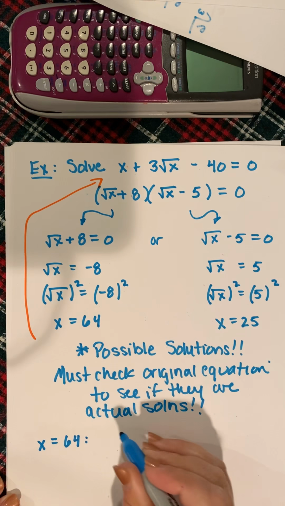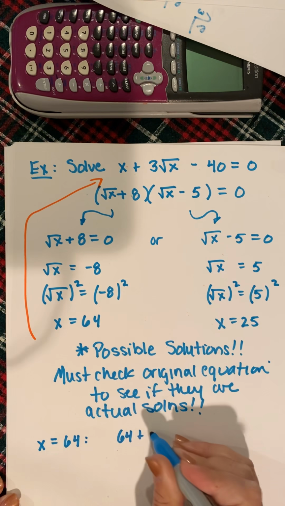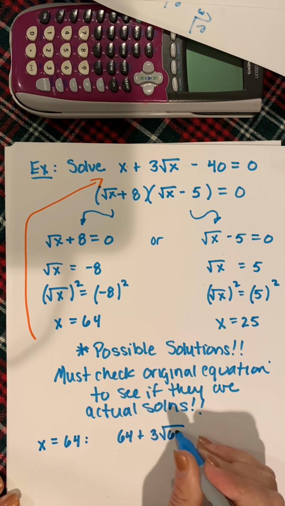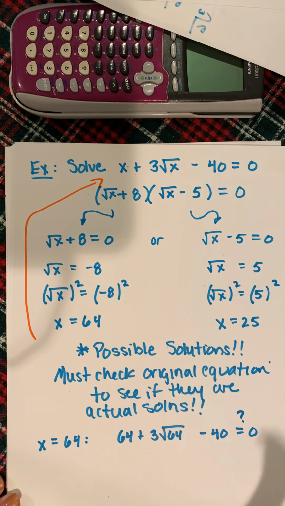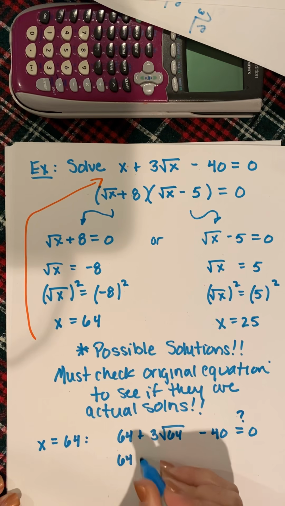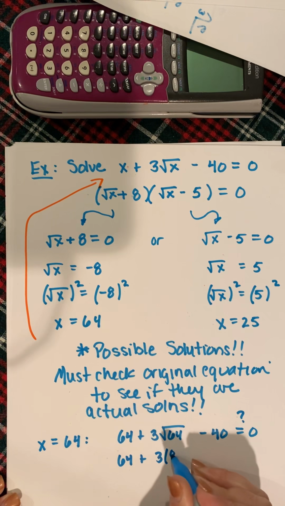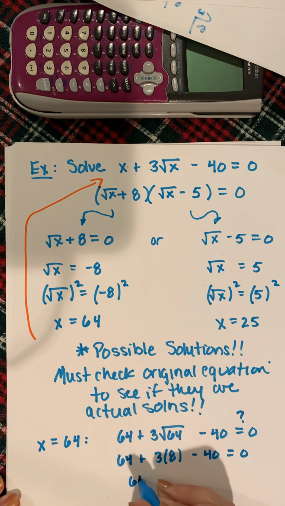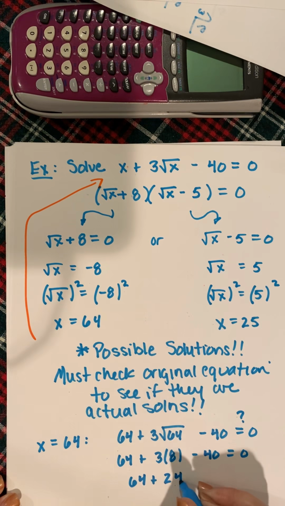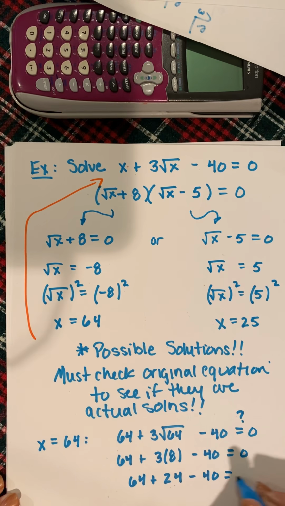Is it true that 64 plus 3 times the square root of 64 minus 40 equals 0? Well, 64 plus 3, the square root of 64 is 8, minus 40 equals 0. Does 64 plus 24 minus 40 equal 0?